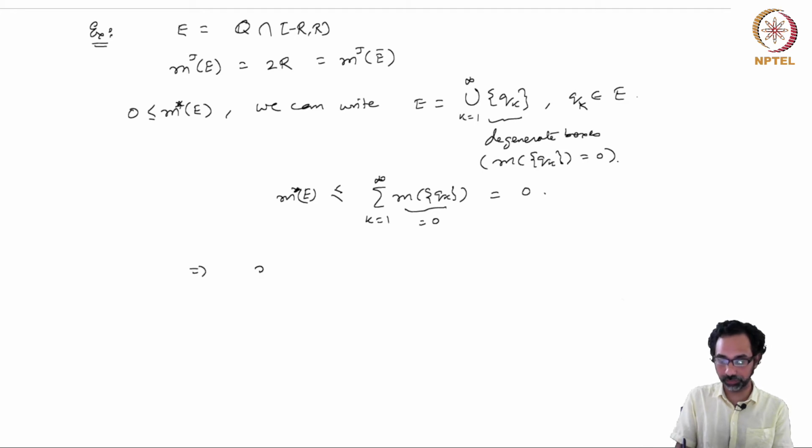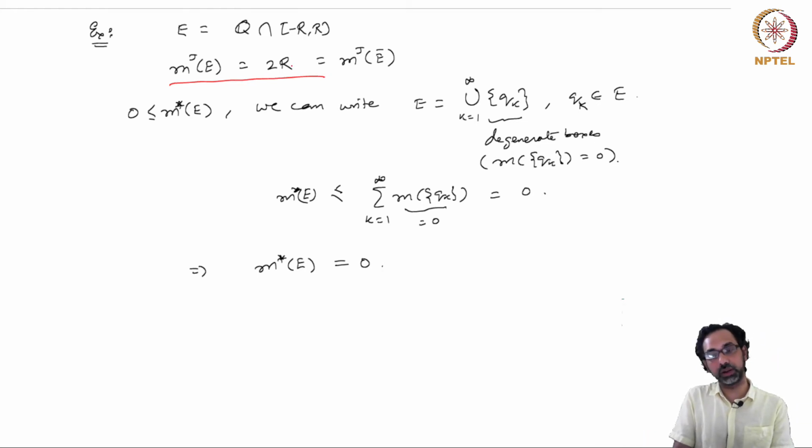Therefore we get that m*(E) is 0. Note that the Jordan outer measure can be very large depending on R, but the Lebesgue outer measure nevertheless turns out to be 0.